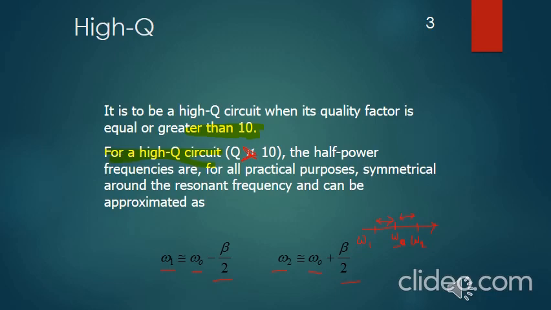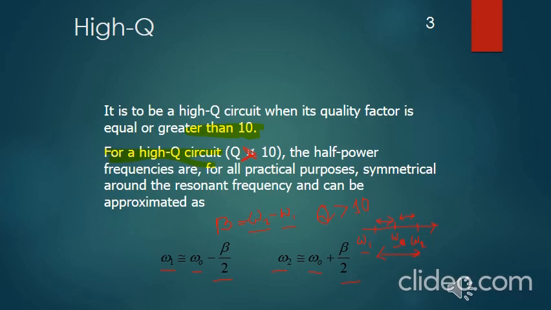As we know, the bandwidth beta is equal to omega 2 minus omega 1, the upper frequency minus the lower frequency. And if the quality factor is higher than 10, that means it is a high quality factor.